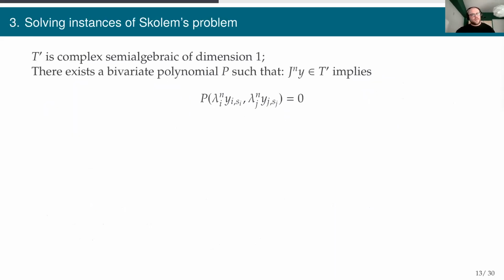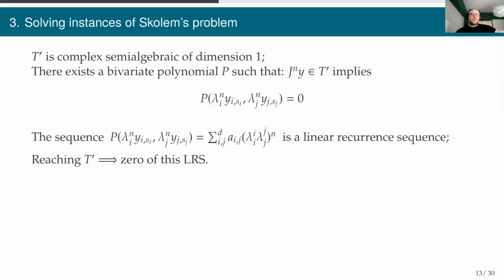So now, using the fact that T-prime is just a linear transformation of a dimension 1 semi-algebraic set, you're going to get a dimension 1 semi-algebraic set. This means that there exists a bivariate polynomial such that whenever you're in your target set T prime, this implies that your polynomial vanishes. Okay.